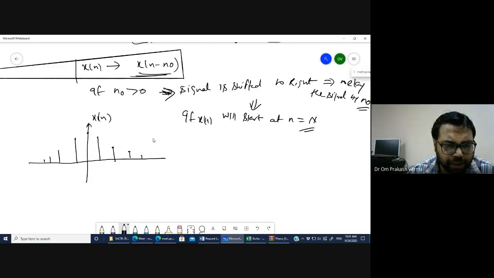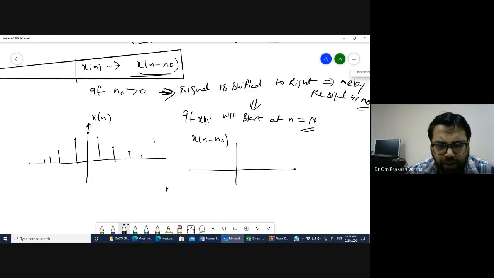Let's say such a type of signal is there. Now I just want to write xn minus n naught, where n naught is greater than 0.